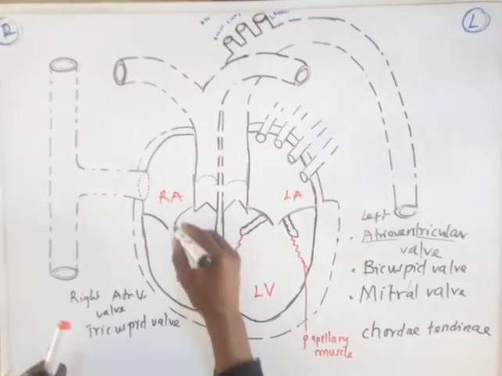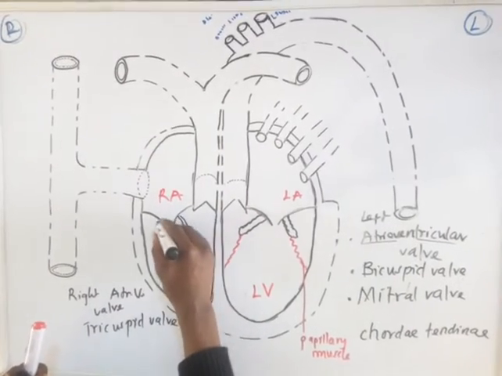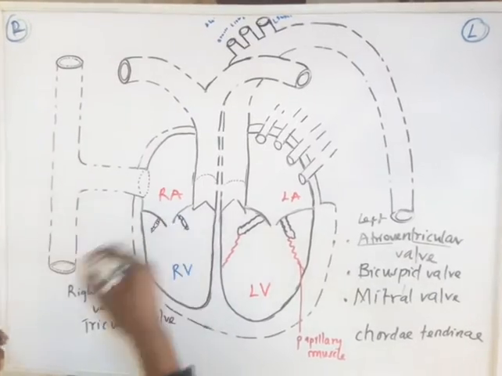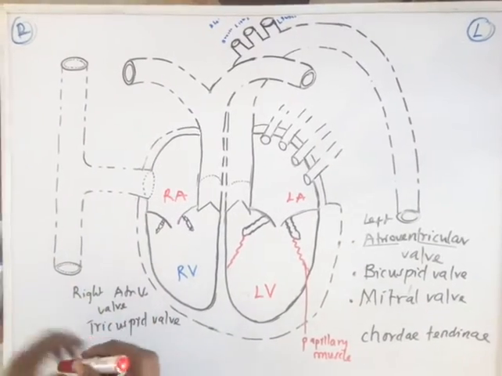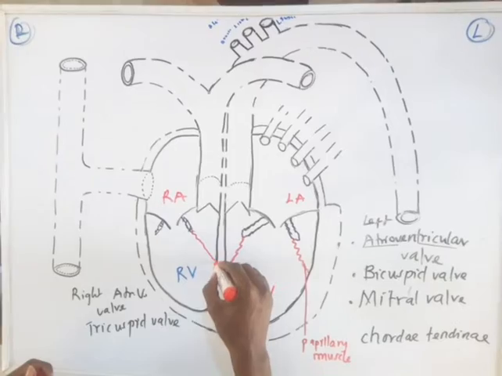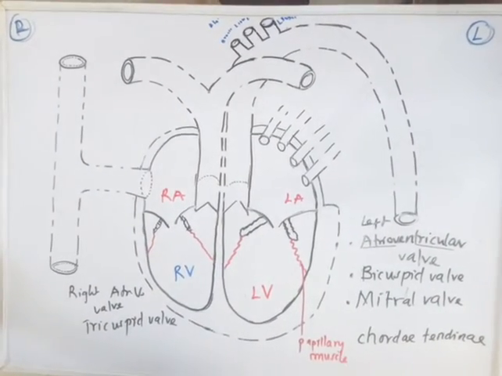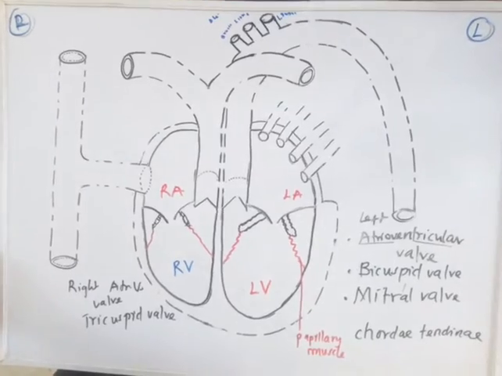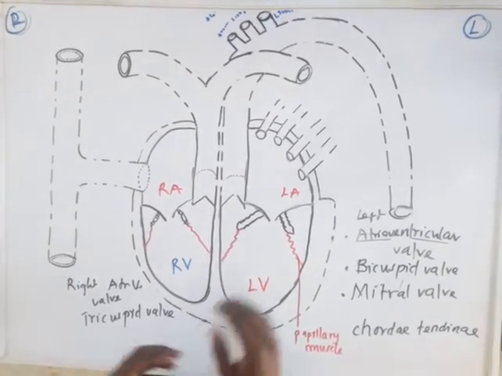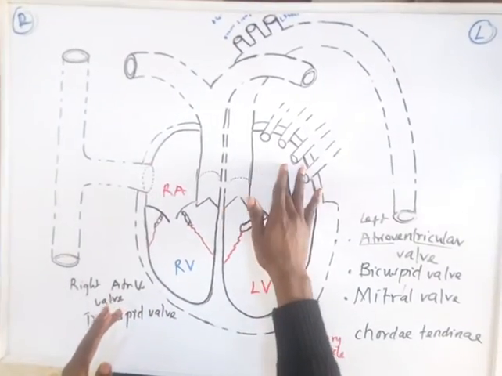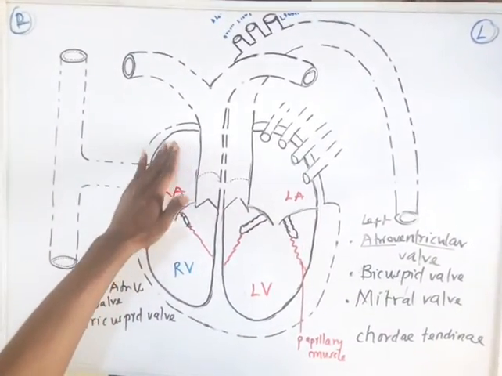We have the same thing on this side as well: tendinous cords and the papillary muscle. Very simple structure. Now we have the atrium here, on the left side, the left atrium, and this is the right side, the right atrium.